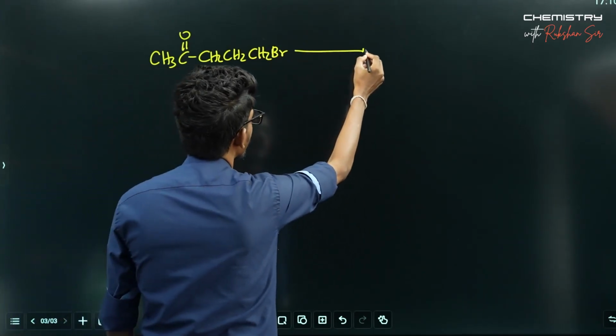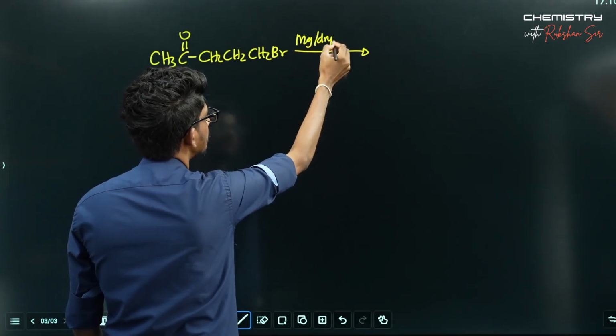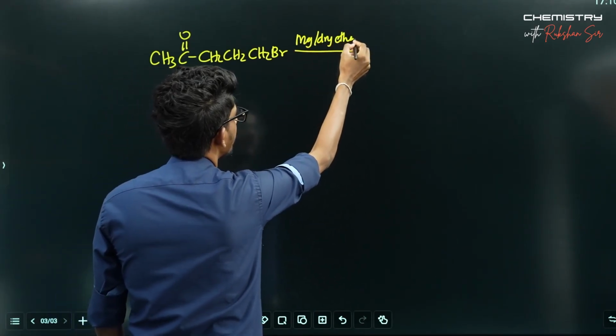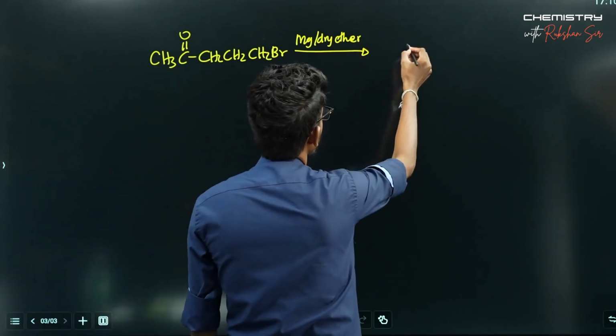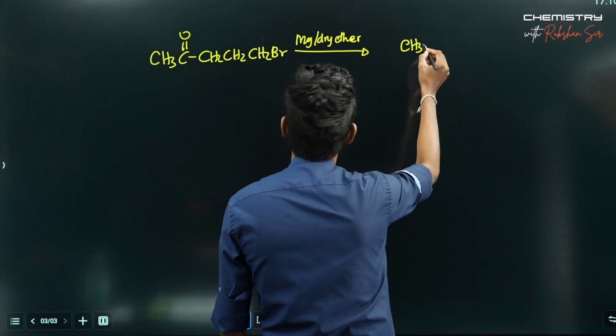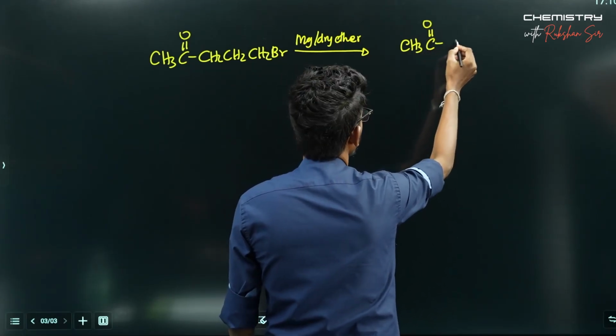To this one, you are adding magnesium in dry ether medium. Let's see what will happen. Basically, in the reaction medium, first this kind of stuff will be produced.